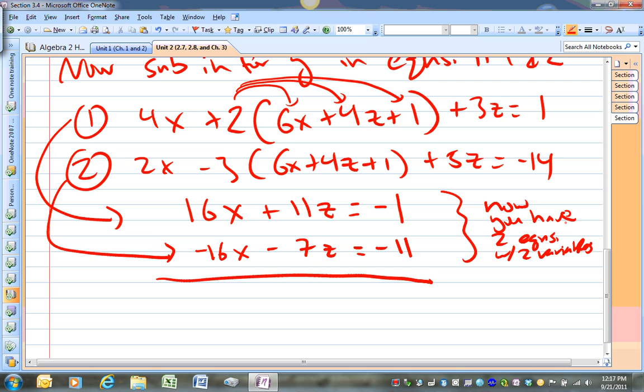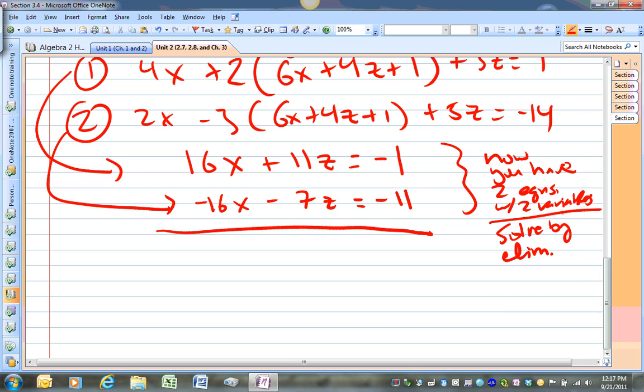In this case, solve by elimination. That'd probably be the best way to go. You could do substitution, but I think it's painfully obvious that we could just eliminate these. So, gone. Adding these two equations gets rid of the 16x and negative 16x. That becomes 4z, negative 12, z equals negative 3.